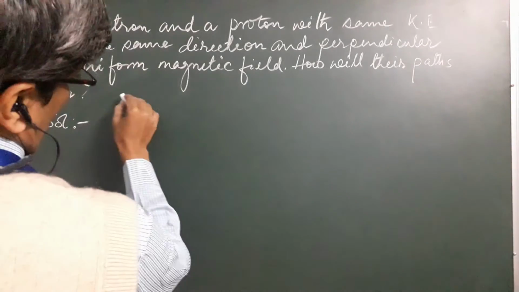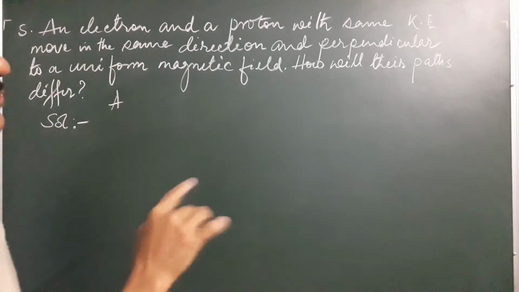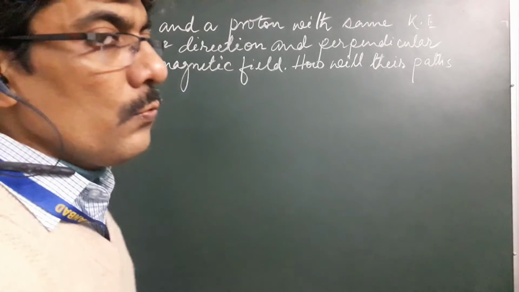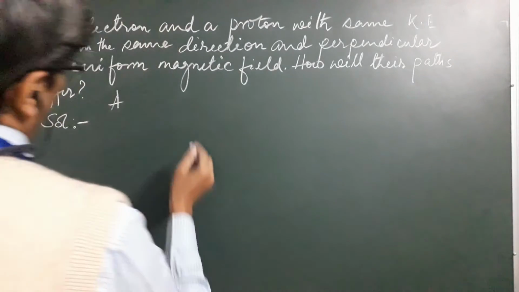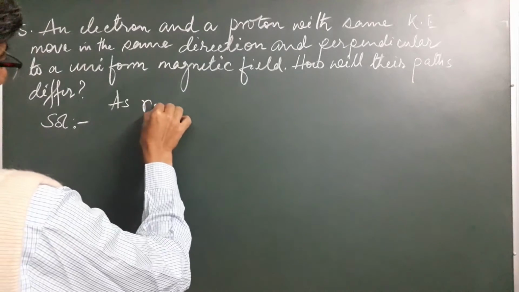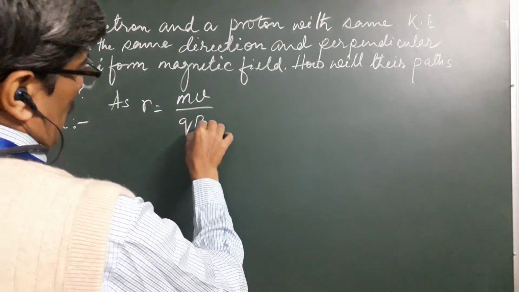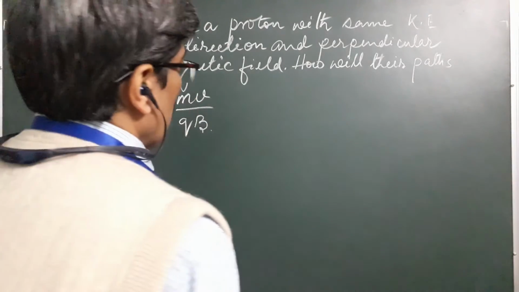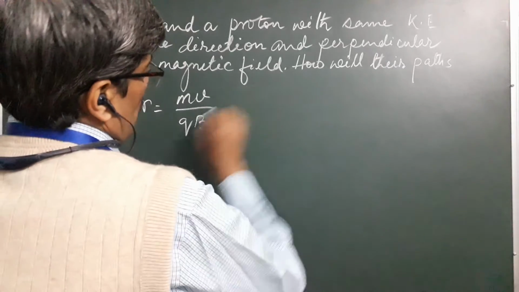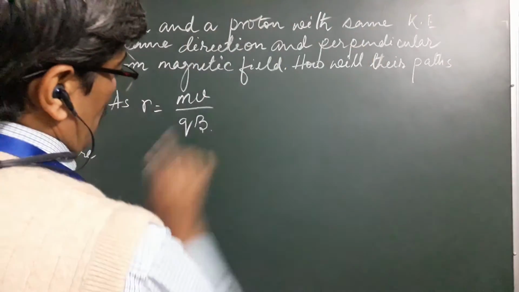We know, students, that the radius of the circle in which a charged particle moves when it moves perpendicular to a magnetic field is R equals mv by qB. You might be aware of that cyclotron condition that you studied. Now here the value of kinetic energy for both is the same.